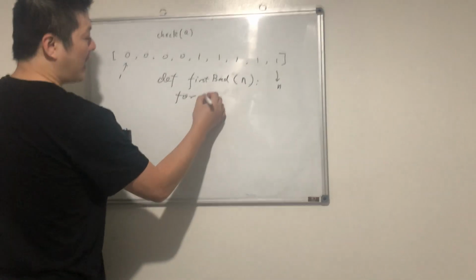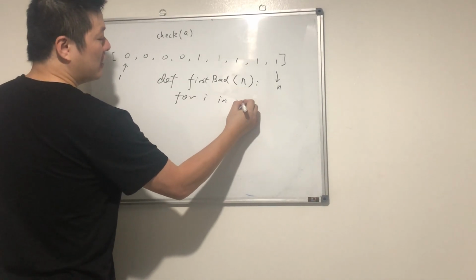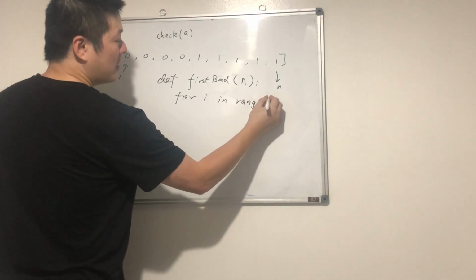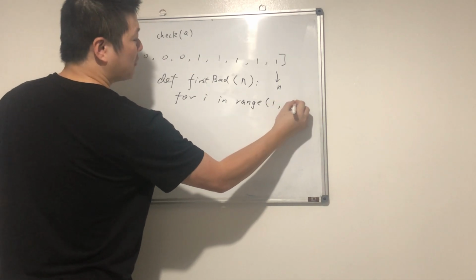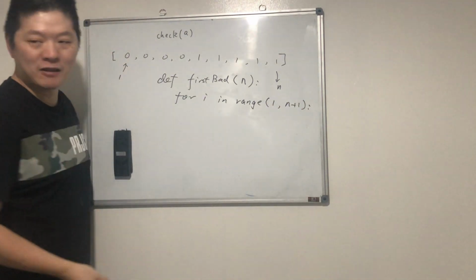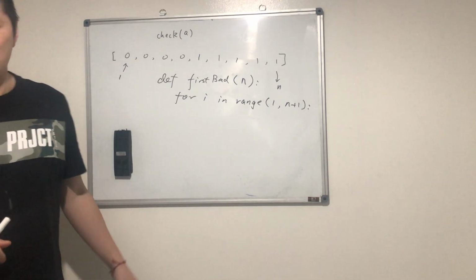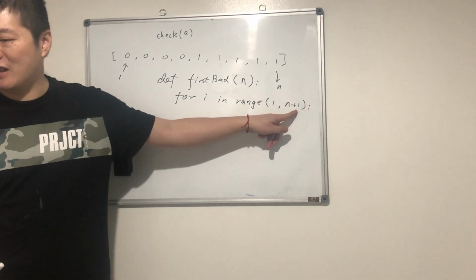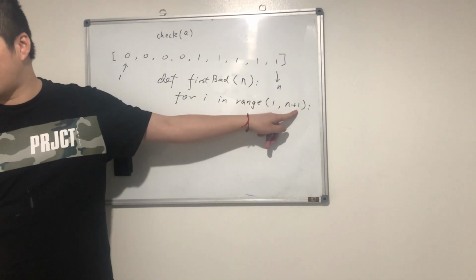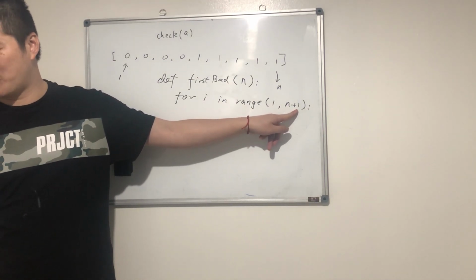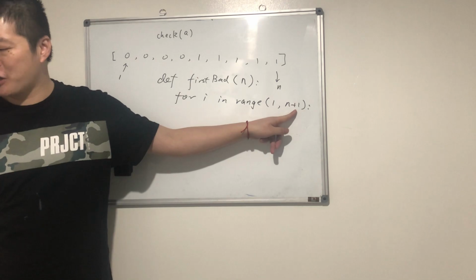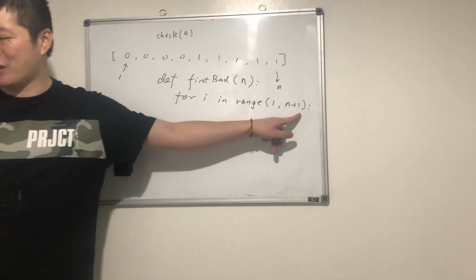For i in range 1 to n plus 1. You know why it's n plus 1? You go up by 1 each time, and n plus 1 means the final thing we want to check is n. It's always minus 1 of this number.